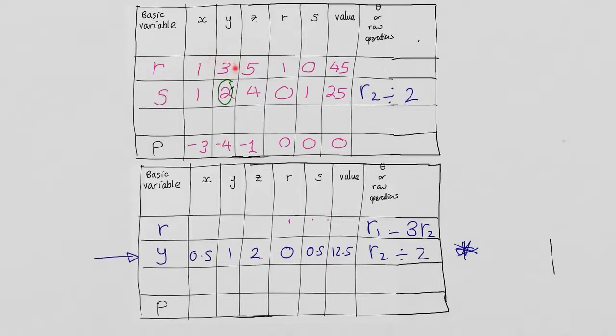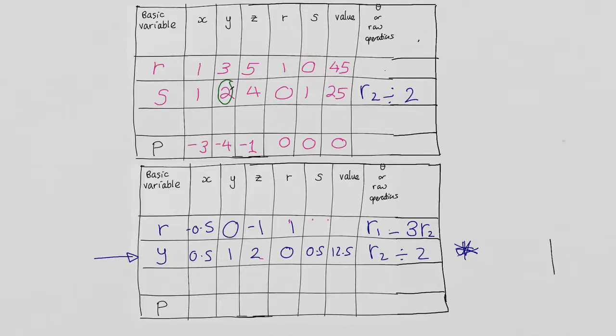So 3 take away 3 lots of 1, that goes to 0 as I want. 1, take away 3 lots of a half, not such an easy number here, and this is where a calculator is really important. I haven't got one with me, so please wish me luck. 5, take away 3 lots of 2, -1. 1, take away 3 lots of 0, hurrah, that's a nice easy one, lovely.